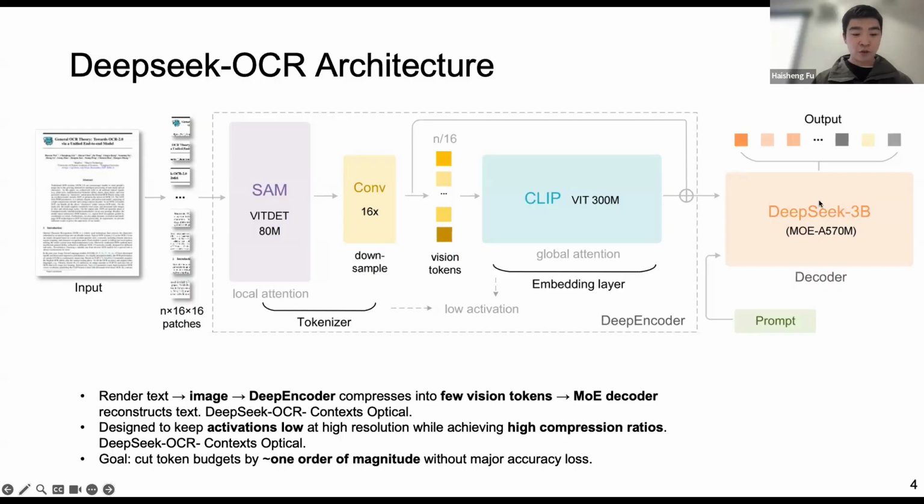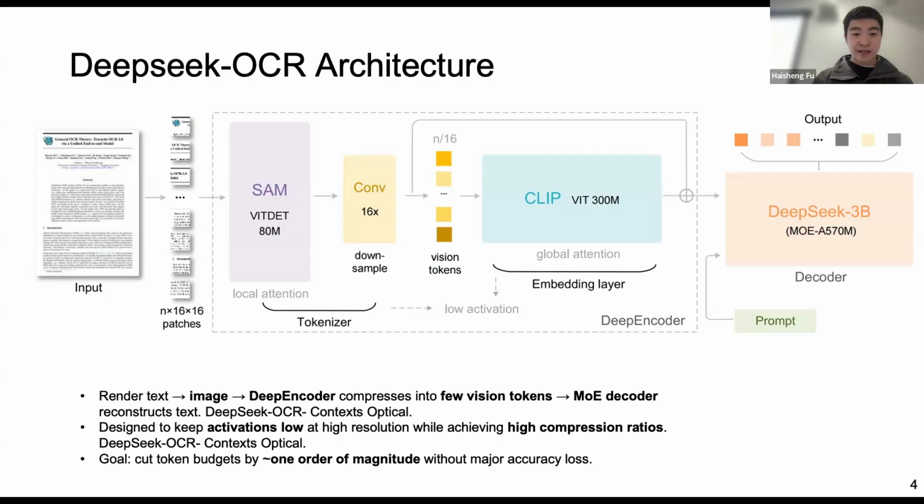For the encoder, it's about 380 million parameters in total. It includes two well-known backbones in series. The first part is the SAM, which has 80 million parameters.